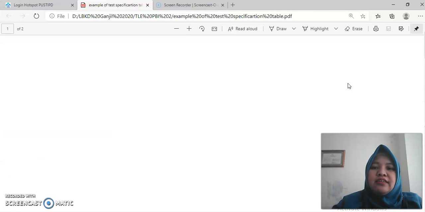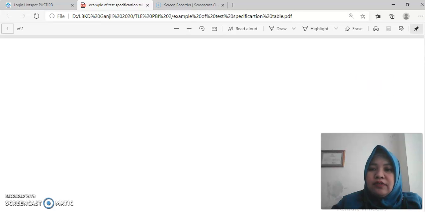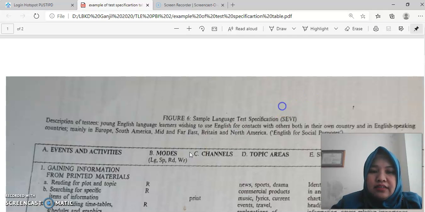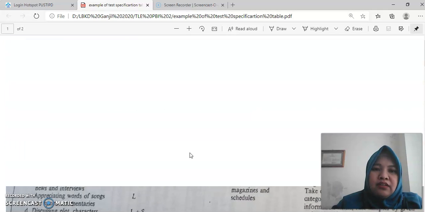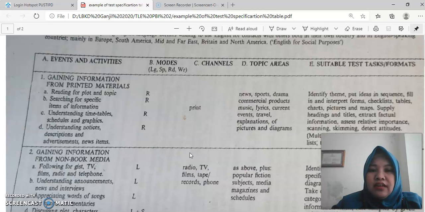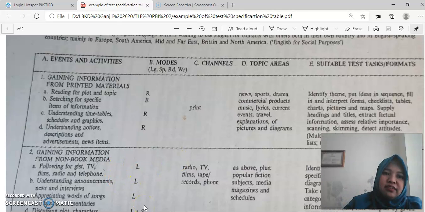Okay, so that's my example of how to design the test table, especially for reading skills, listening skills, and the combination of listening and speaking skills.